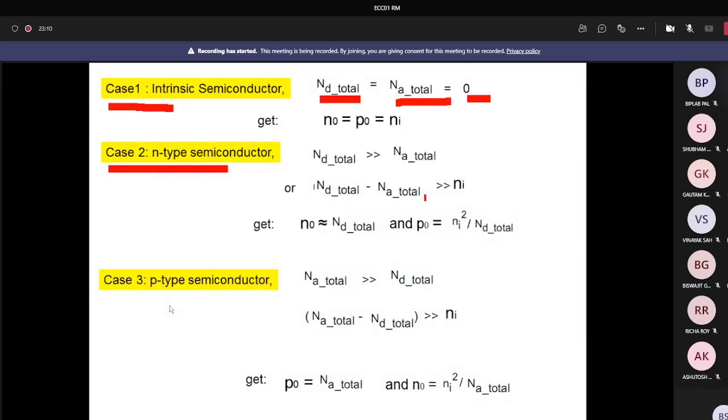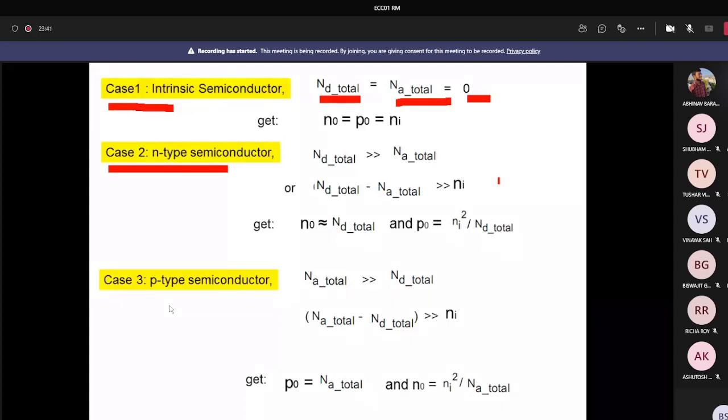Sir, is Nd the concentration of arsenic, phosphorus? Nd is the donor. For an n-type semiconductor, the doping materials are the donors, so the donor concentration is much greater than Ni. If I consider silicon, it should be greater than that value, 1.5 into 10 to the power 10.